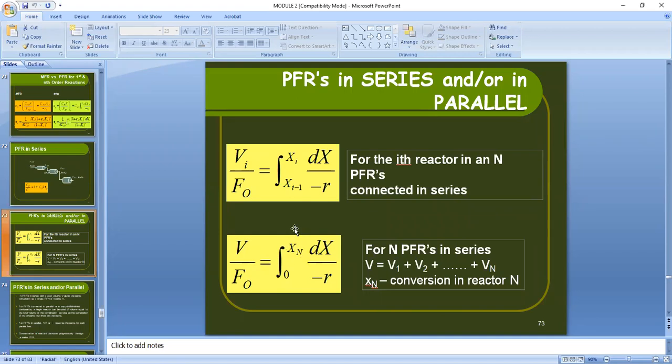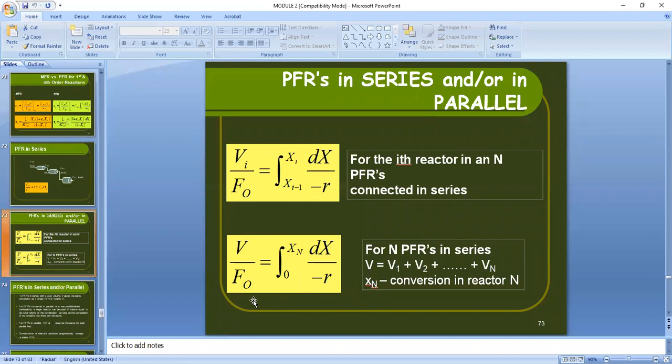So how would you do that? You use the volume of all the PFRs in your series of reactors, divided by the molar feed rate. The initial conversion would be 0, of course, since you don't have initial conversion in your first PFR, and then this would be the conversion for the Nth reactor. This is your formula for that.